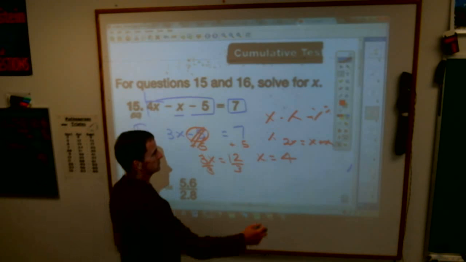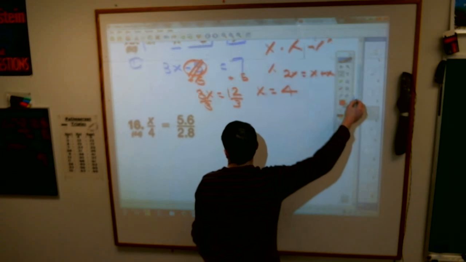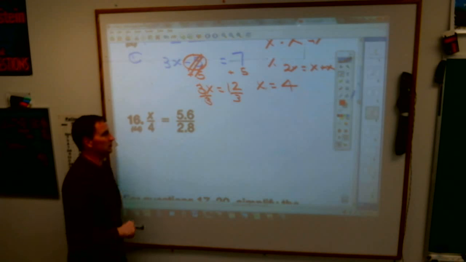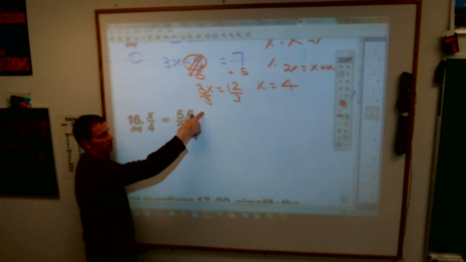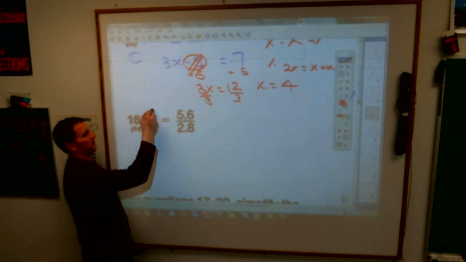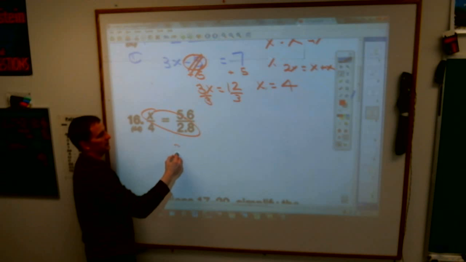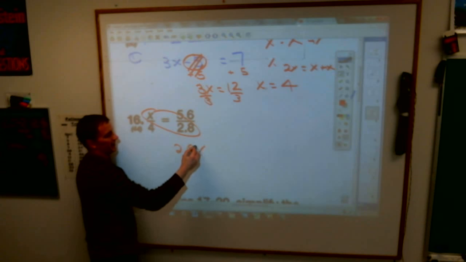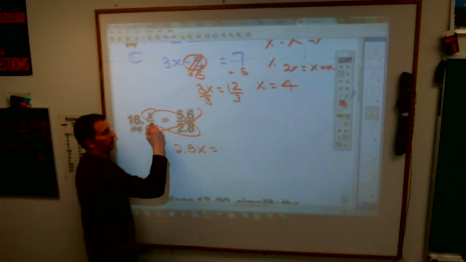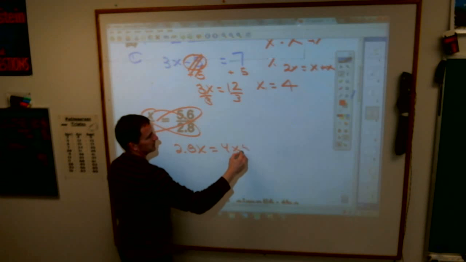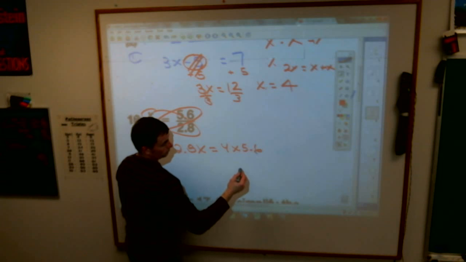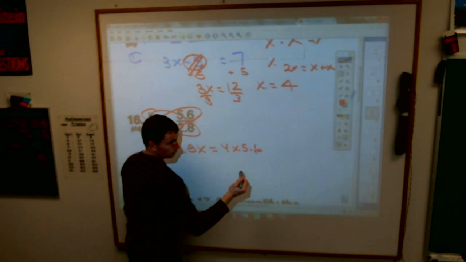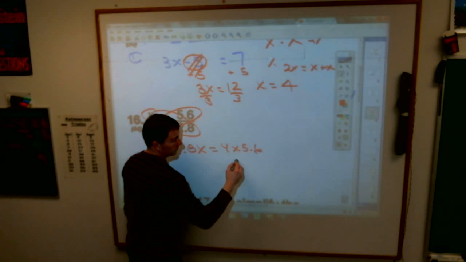16. I'm guessing the best way to do this, I mean, you could reduce this fraction, this 2.8 is half of that, so it would be 2 over 1, but rather than that, I would just cross multiply. 2.8 times x has to equal 4 times 5.6. 4 times 5.6 is 22.4.